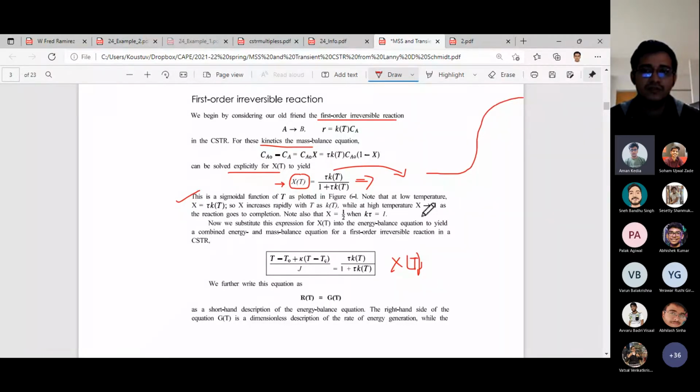So for smaller values of temperature, because this is just a function of temperature, tau is constant. At low temperature, it increases rapidly with temperature as k tau. So this is the lower side term, and at k tau equals 1, this will be half, so somewhere it will be 0.5, and it will start from here actually.